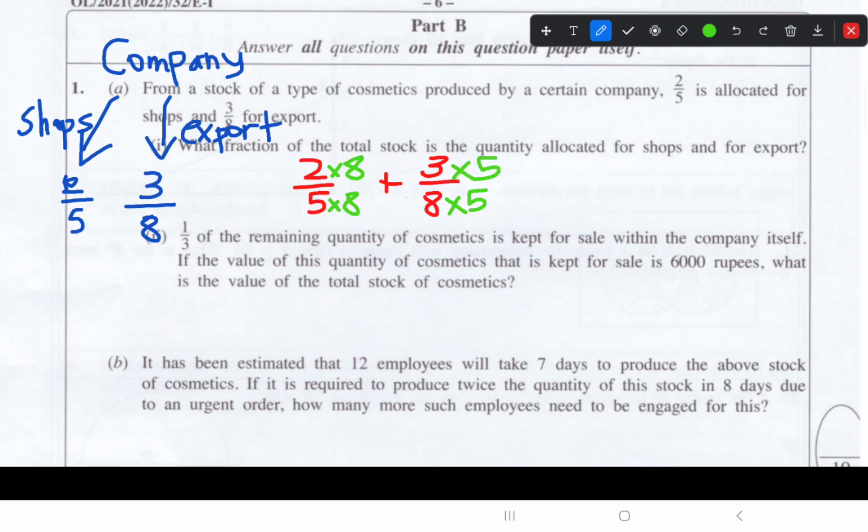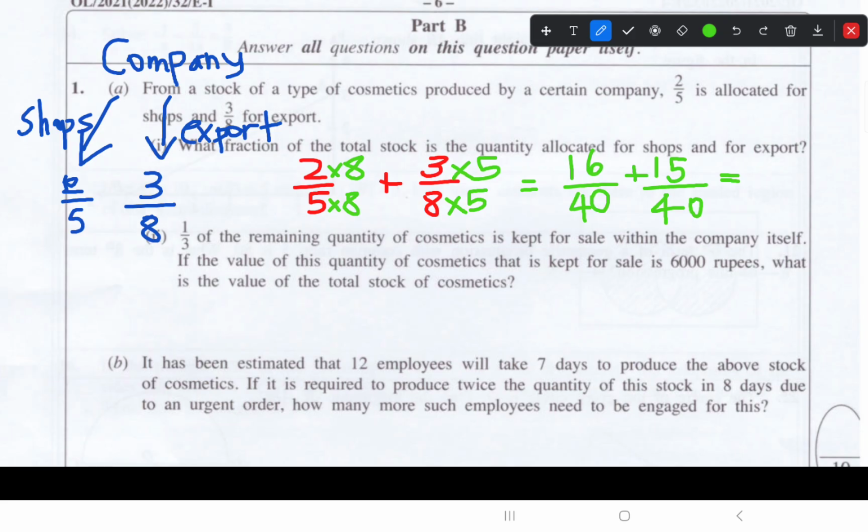When you multiply, 2 8s are 16 upon 8 5s are 40, plus 3 5s are 15 upon 8 5s are 40. Here I equalized the denominators for our addition. Otherwise we can't add.